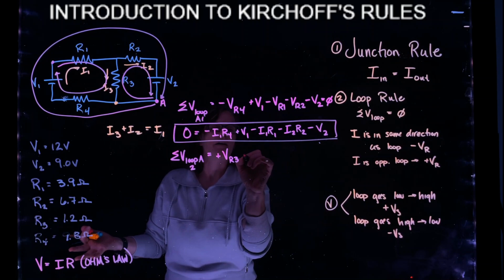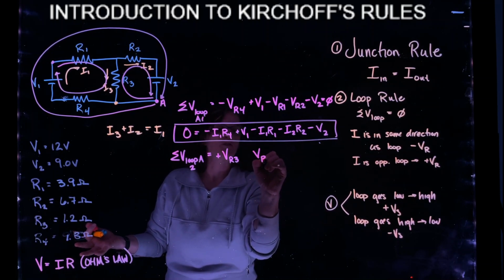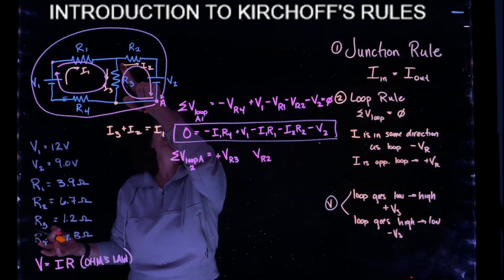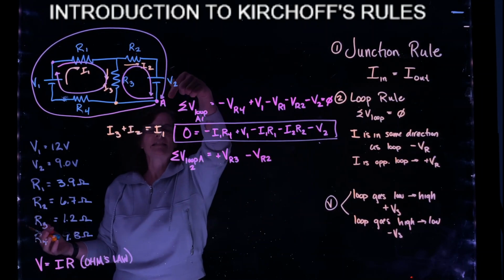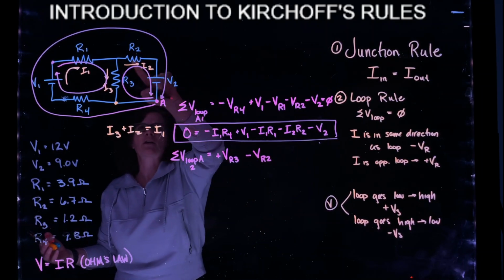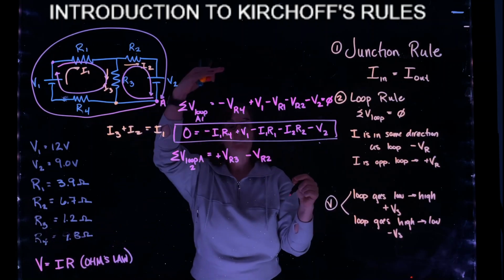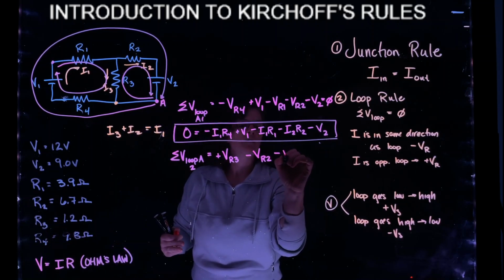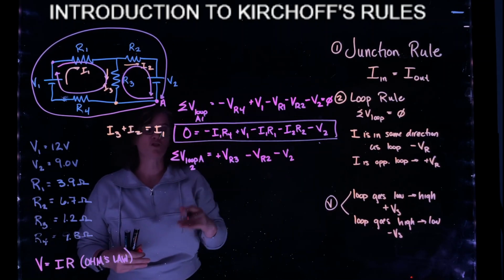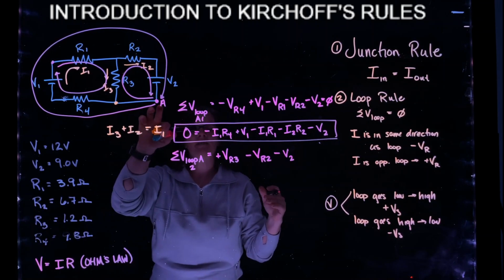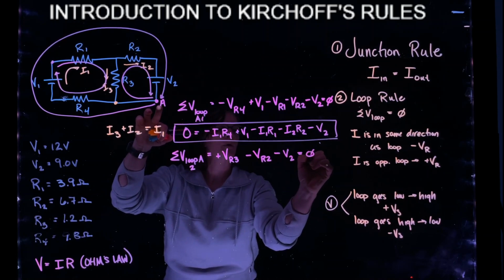So I have the voltage across resistor 2, and I'm going with the current. It's negative. The next thing I encounter is the voltage source as I go through my loop. I am going from high to low, so it's a voltage drop. And now I'm back to my starting point, so I know this equals 0.